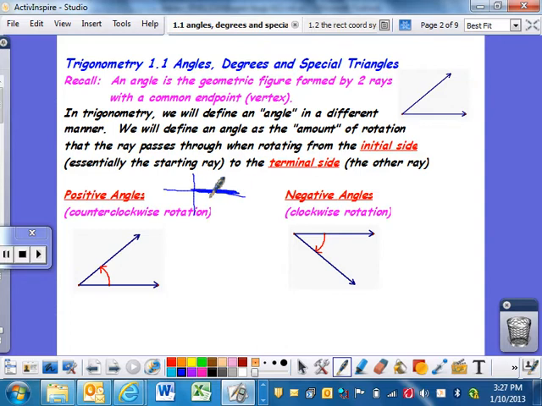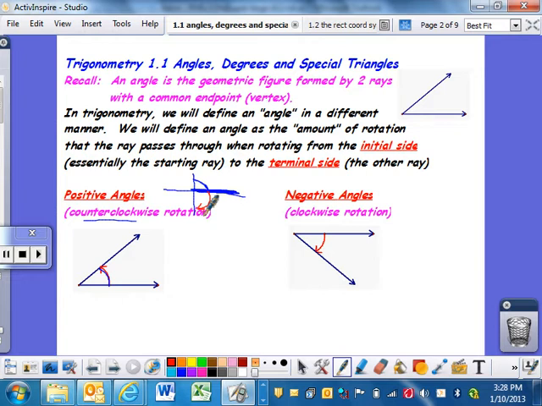If it's a positive angle, you go from the positive x-axis in a counterclockwise rotation, so basically you're going up. A negative angle starts from that same spot, except you go down in a clockwise rotation, whatever the angle says.